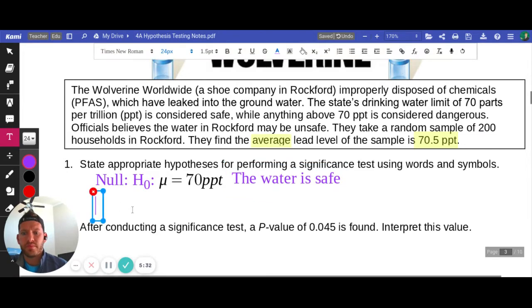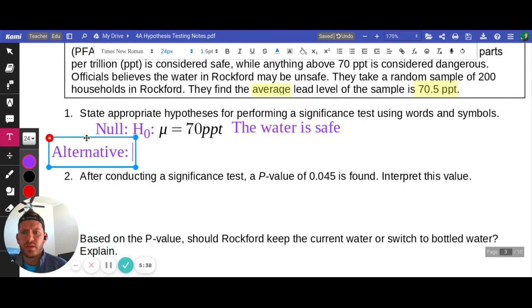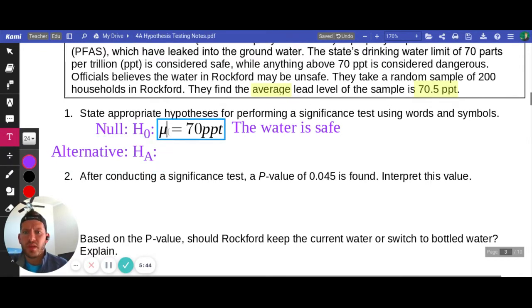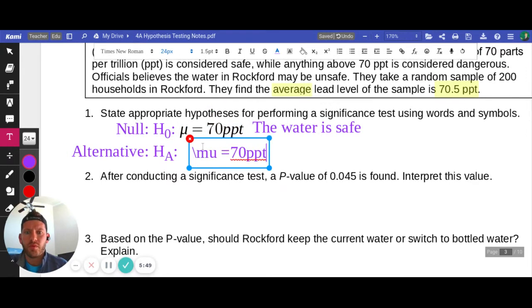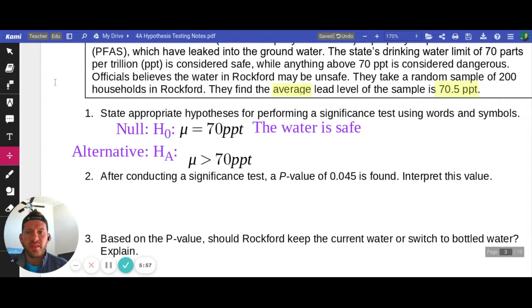Alternatively, our alternative hypothesis, which we call H sub A, is not that the mean is equal to, but we're really more worried about the mean being greater than 70 parts per trillion, because then that is considered dangerous, as we can see here.